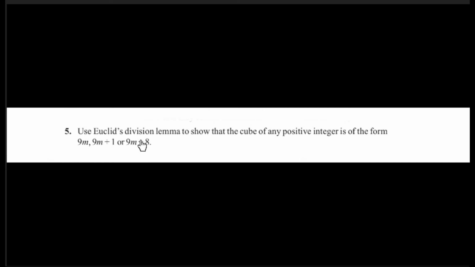Solving question number 5, use Euclid's division lemma to show that the cube of any positive integer is of the form 9m, 9m plus 1 or 9m plus 8.